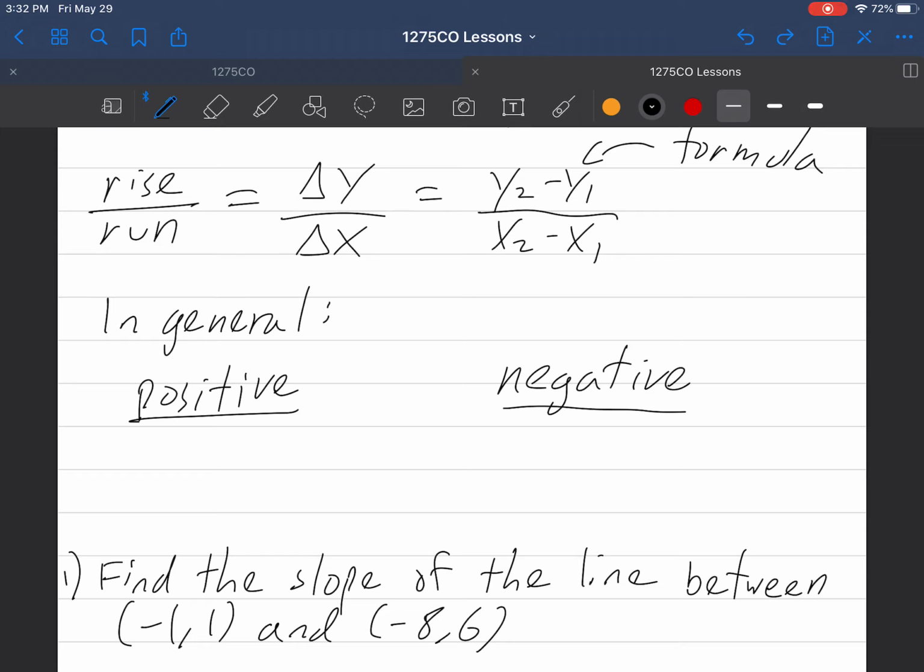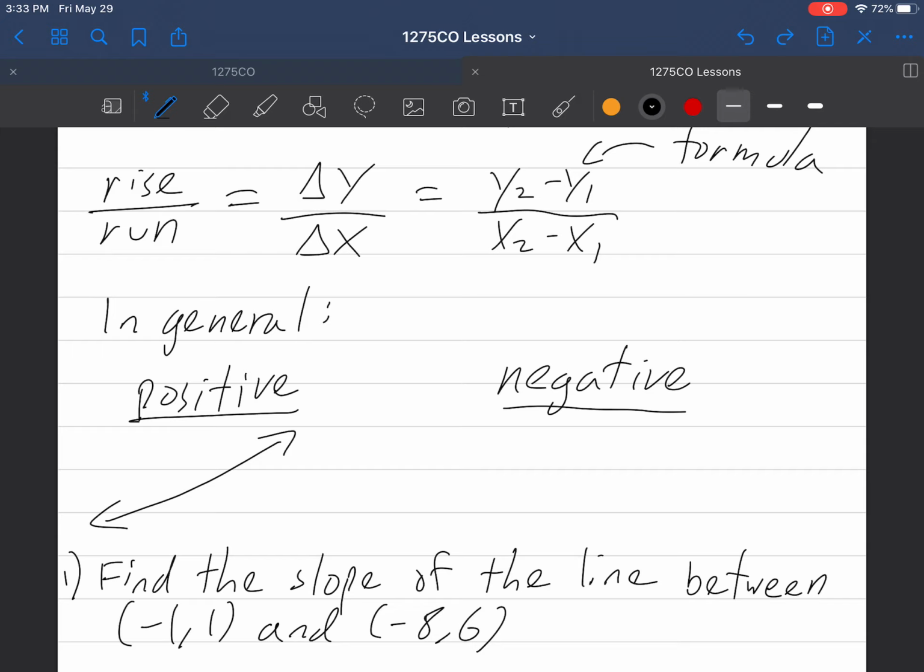Most of the time, when you see a positive slope, it's going to refer to a line generally looking like that. And again, the steepness is going to depend on the number. But if that number is positive, then you can expect a line to look like that, going over to the upper right and also the lower left-hand side.